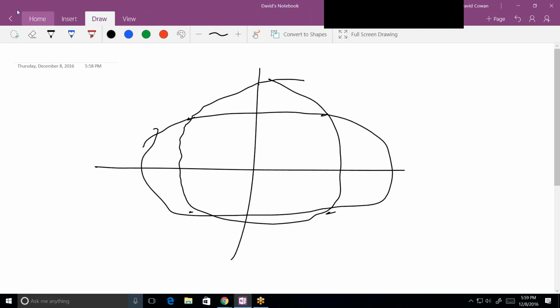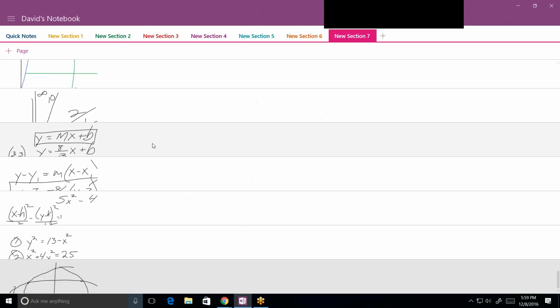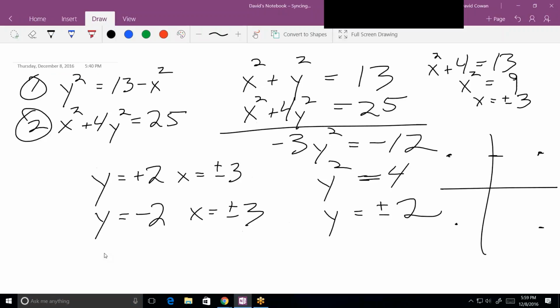That's a little tricky whenever you're solving for 4 intersection points like that. It gets tricky in that you have to put your solutions in pairs. In other words, the solutions are not y equals plus or minus 2, x equals plus or minus 3. You can't list those like that. You have to list them in pairs. When y is 2, x is plus or minus 3.